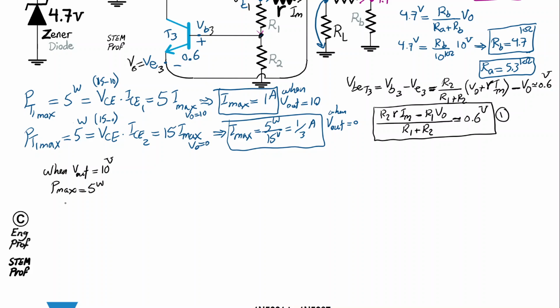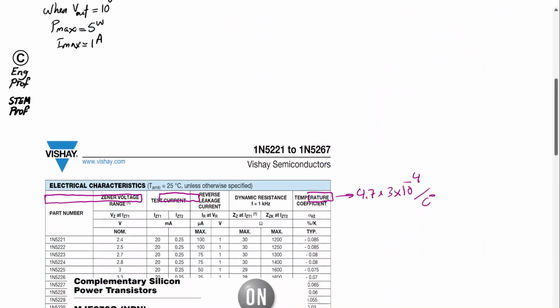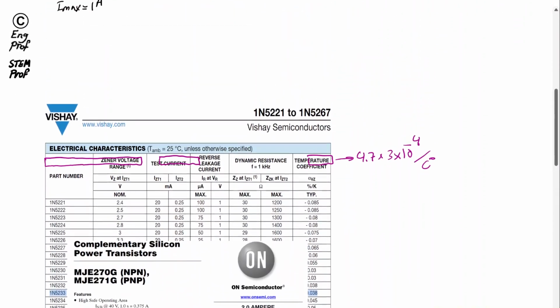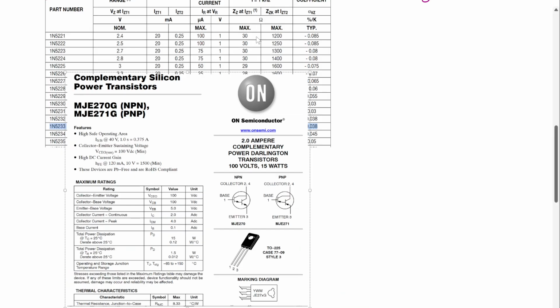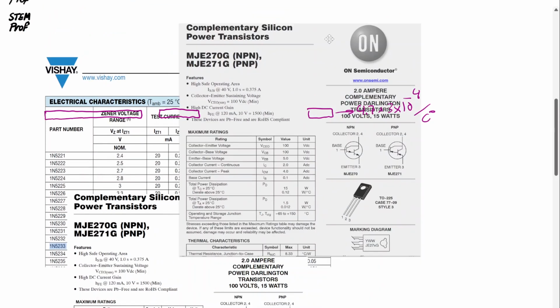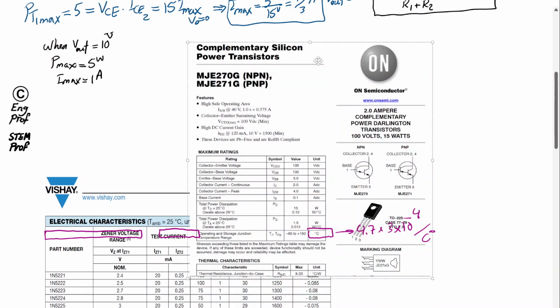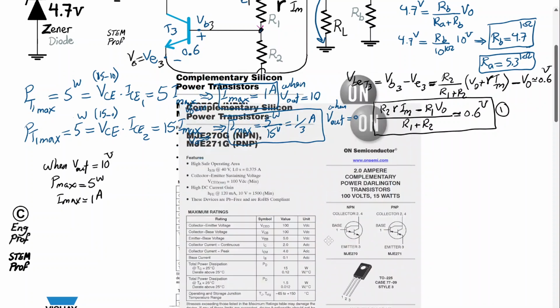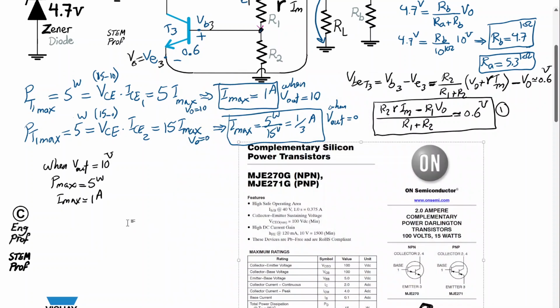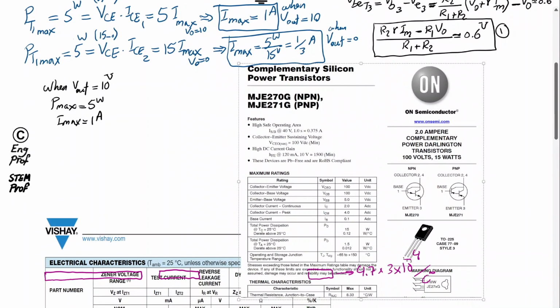5 watt, and we found that Imax as a result should be 1 amp. By the way, for transistor there are many options, but one potential good choice is from onsemi, a semiconductor manufacturer. So in this case, for instance, I'm talking about this Darlington transistor that you can see here.